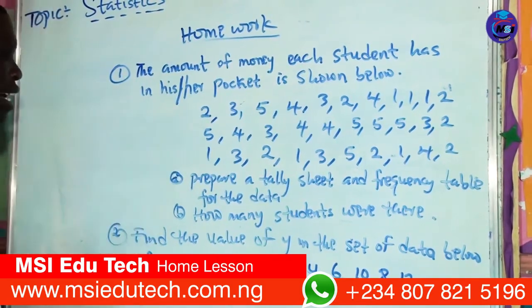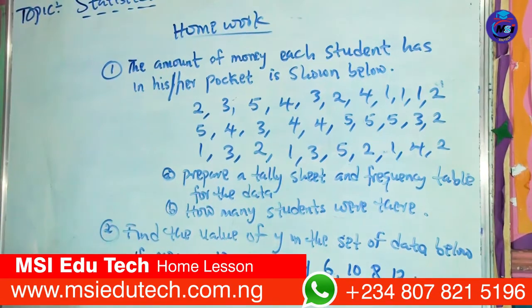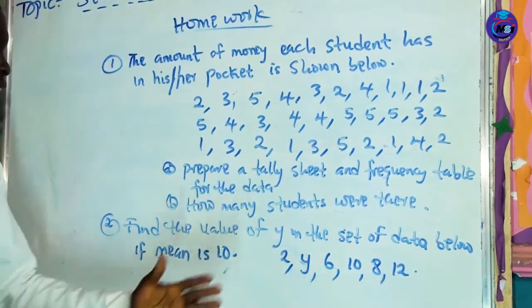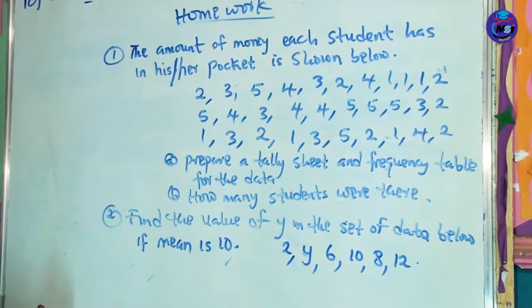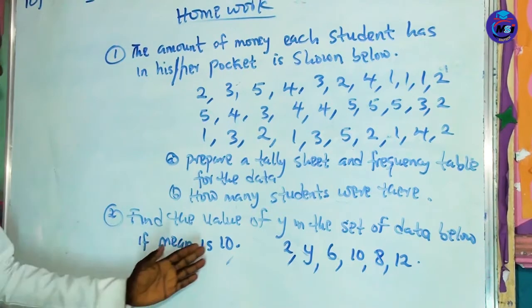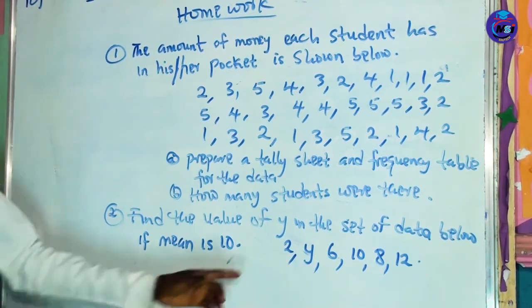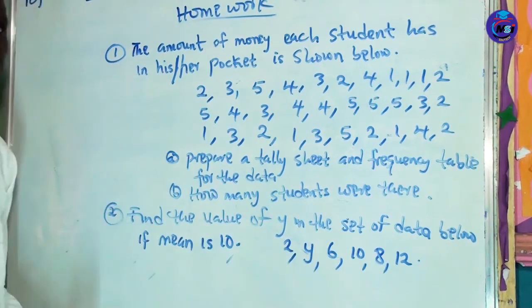Letter A, prepare a tally sheet and frequency table for the data. Letter B, how many students were there? Number 2, find the value of y in the set of data below. If the mean is 10, you have 2, y, 6, 10, 8, and 12.